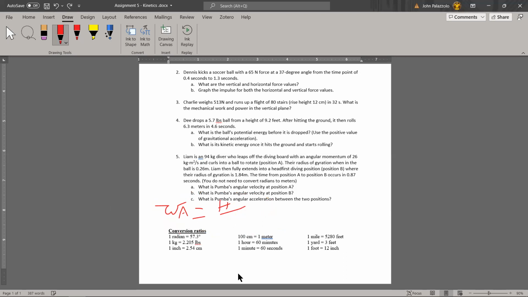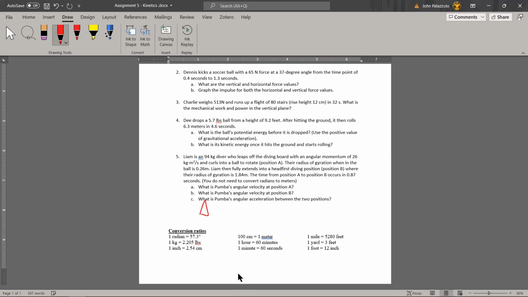And then finally, what is Liam's angular acceleration between the two positions? So you're looking at a change in angular velocity. Just like linear acceleration, it's very similar. You're looking at a change.